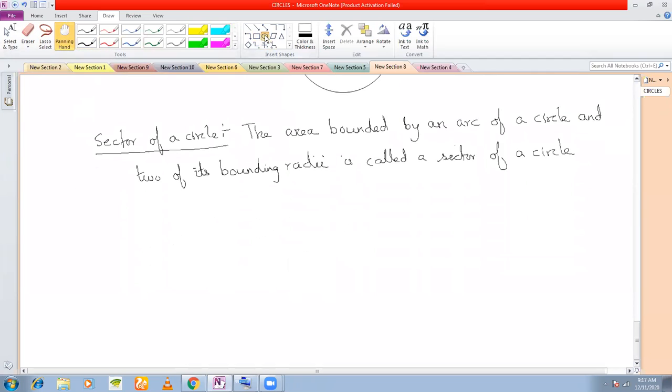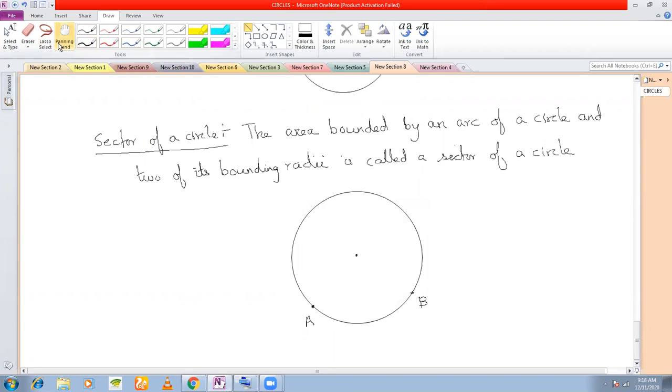So what does a sector look like? You take an arc. Suppose I take AB as a minor arc. This is your center. What do you mean by bounding radii?